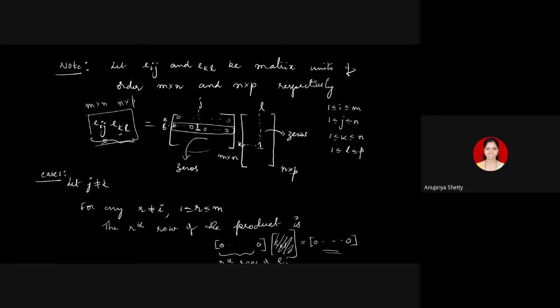Say if I'm multiplying a 2 by 3 matrix with a 3 by 7 matrix, the resulting matrix will have 2 rows. If I multiply a 10 by 2 matrix with a 2 by 5 matrix, the resulting matrix will have 10 rows. The number of rows is the same as the number of rows of the first matrix, which is M here. Among those M rows, all the rows except the ith row are already zeros. That's what we have verified.